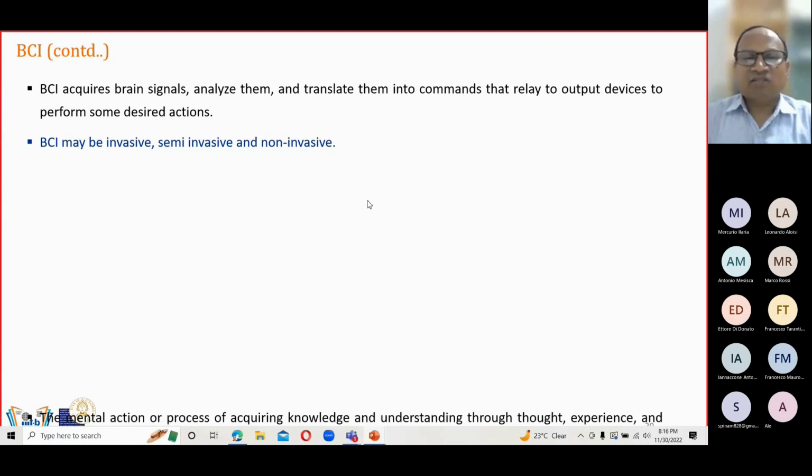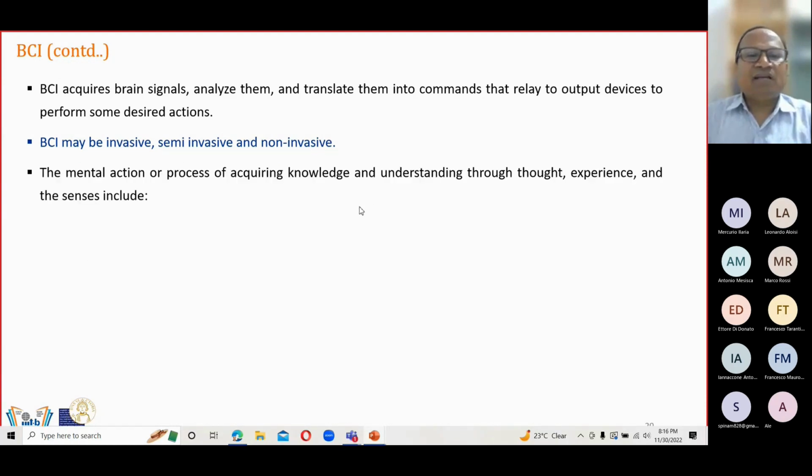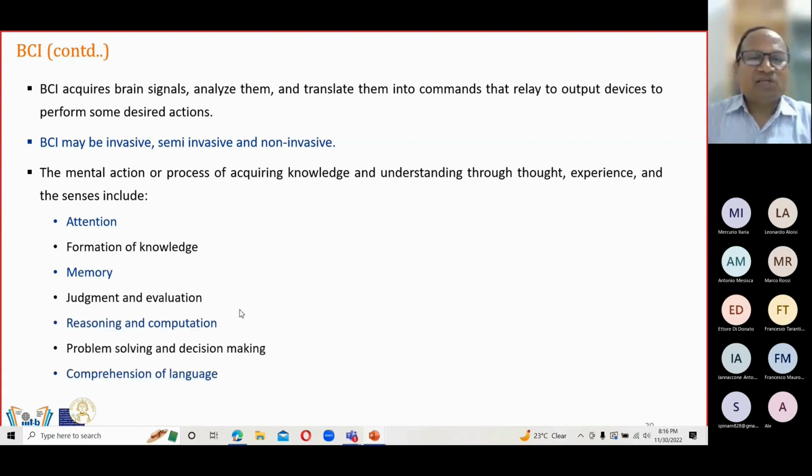I will explain this later. Cognition is the mental action of acquiring knowledge and understanding through thought, experience, and the senses. It may include attention, knowledge acquisition, memory, judgment and evaluation, reasoning and computation, problem solving and decision making, and comprehension of language.